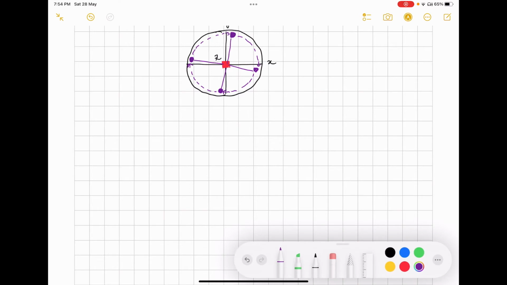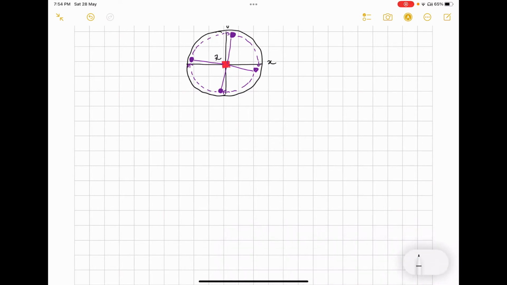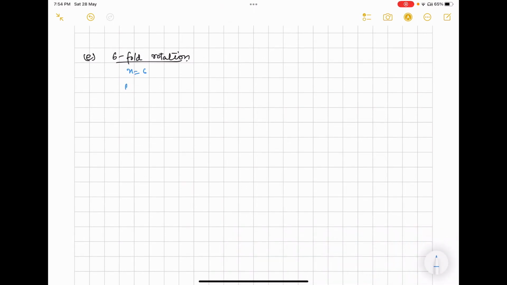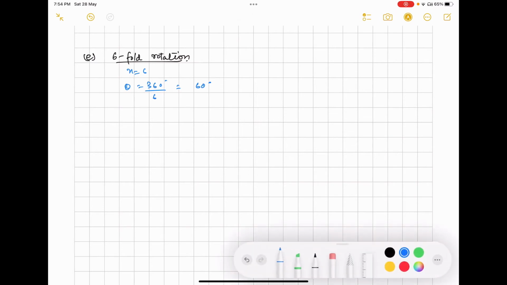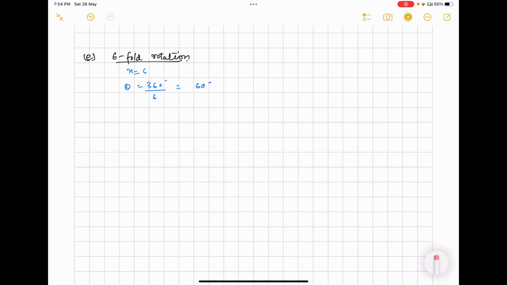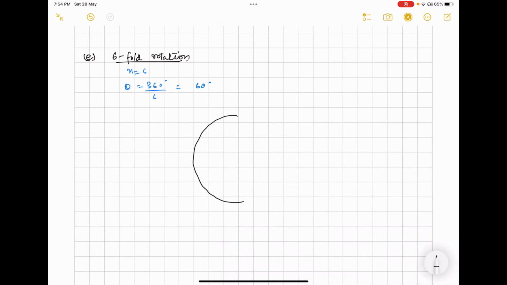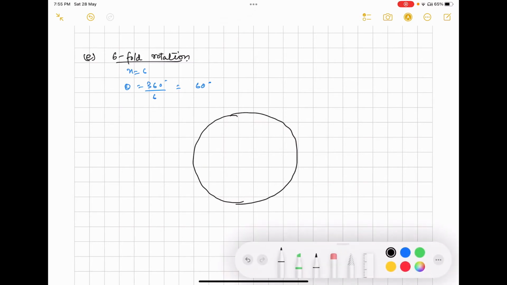Now we do not have any 5-fold symmetry. We now have a 6-fold rotation. 6-fold means n equals 6. So theta is 360 degrees by 6, that is 60 degrees. Let us draw. This is the circle where we project.